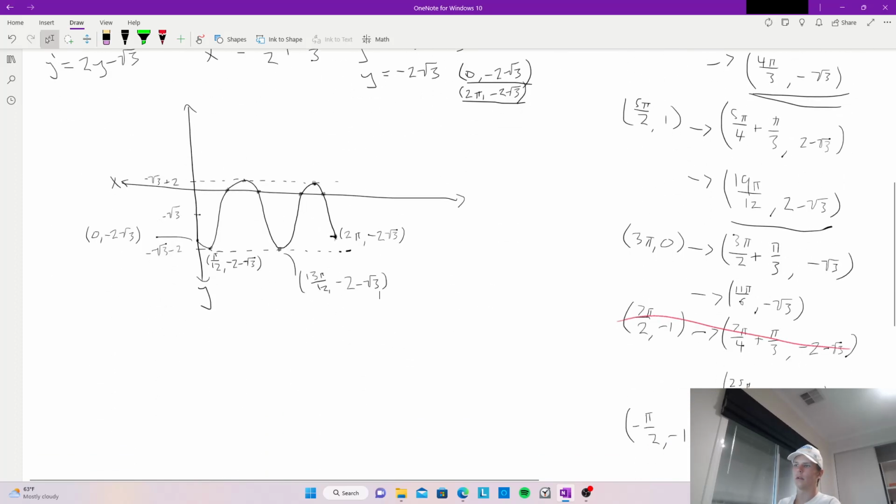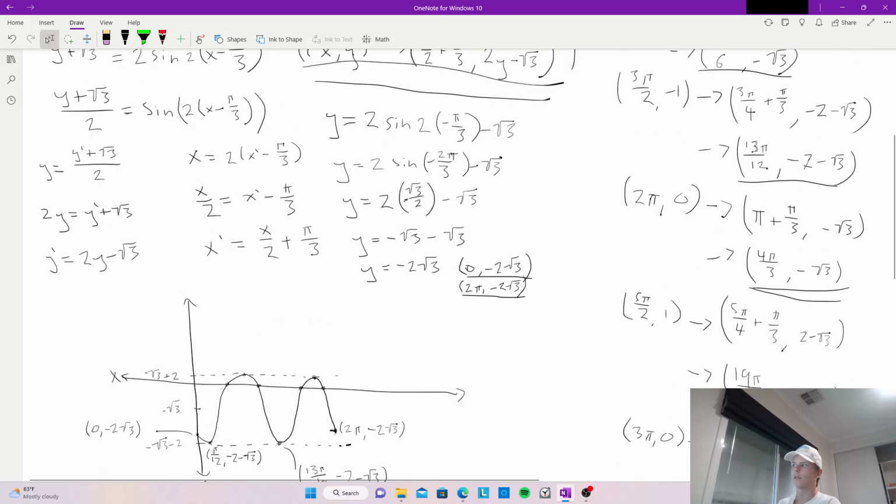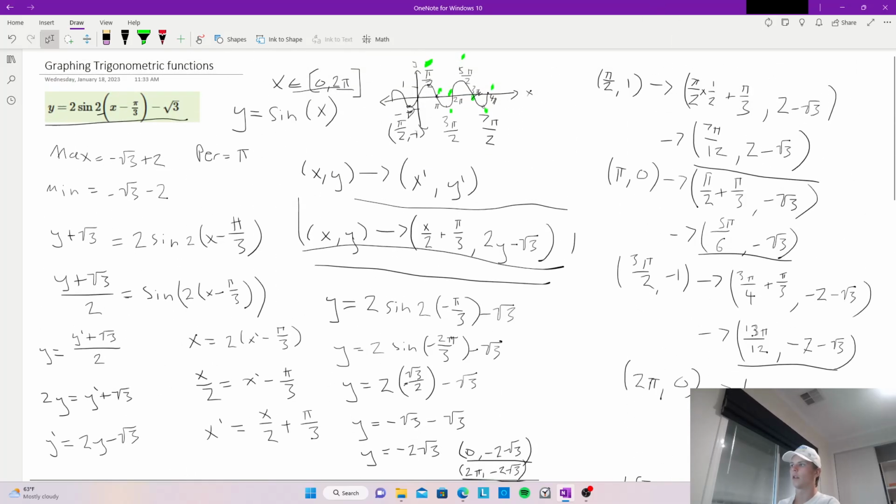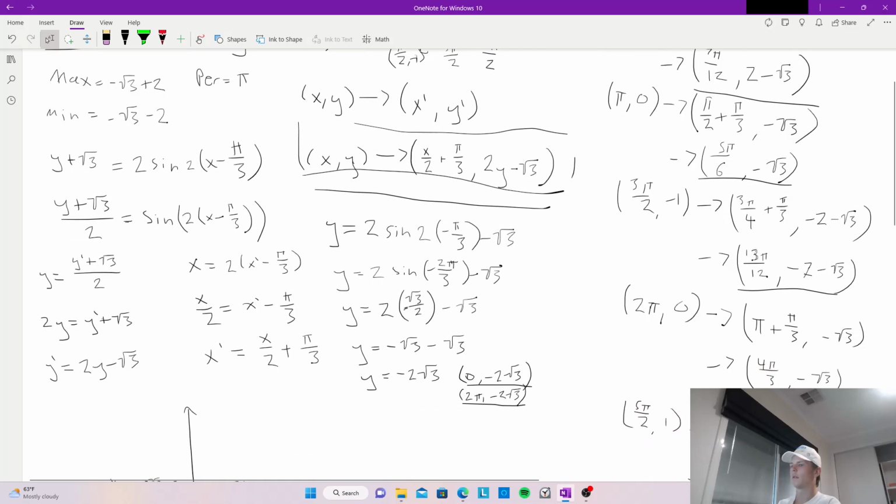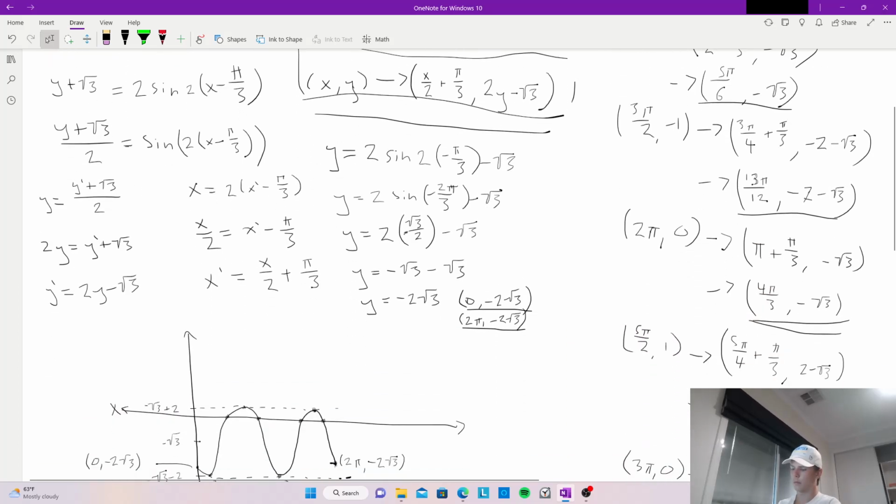And I'll just enter in my maximum points next. So we know our maximum points. We just kind of look for where the ones are before we translated it. So that'll be our first one here. So 7 pi over 12 is our first maximum point.